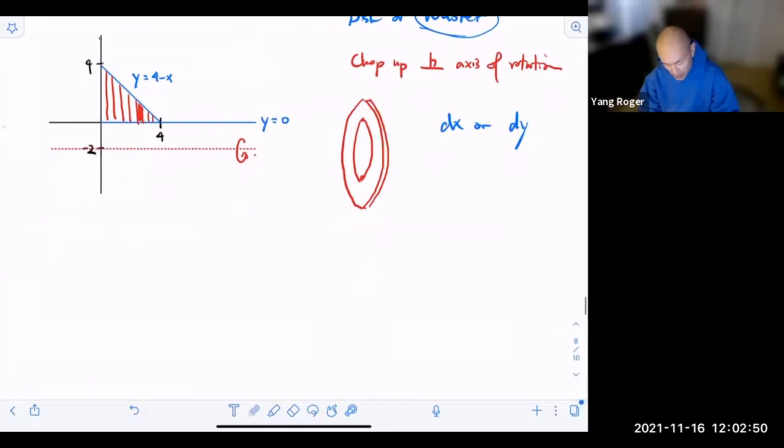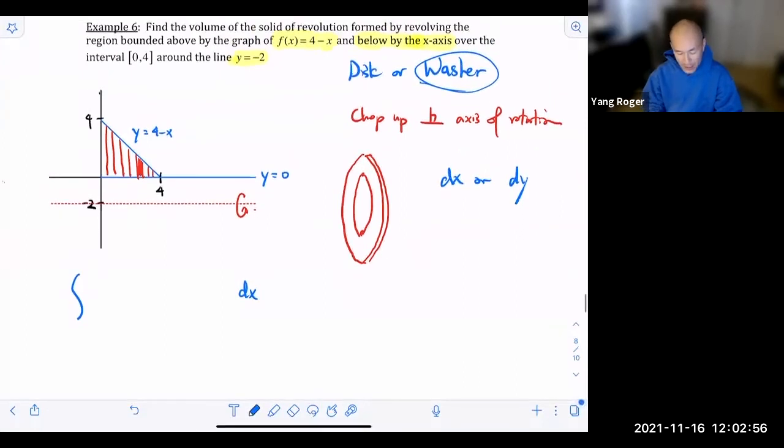So let's set up our integral. It's going to be an integral with dx. What's the smallest x could be? According to my picture, the smallest x could be is 0. What's the biggest that x could be? The biggest that x could be is 4. You can tell from our picture, but they also gave us the bounds of the region of integration right here.